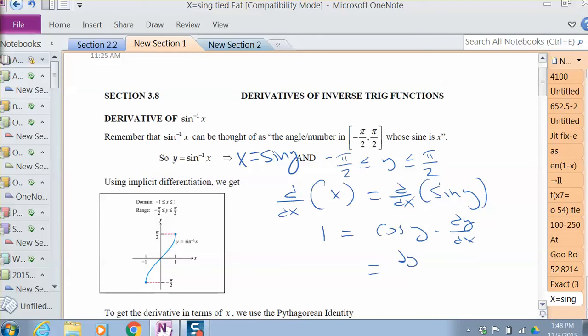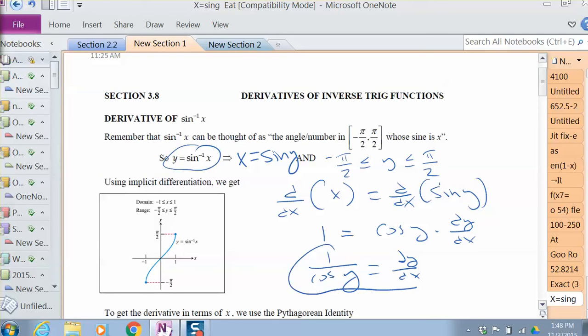So dy over dx is 1 over cosine y. So in essence, the derivative of inverse sine of x is 1 over cosine y.